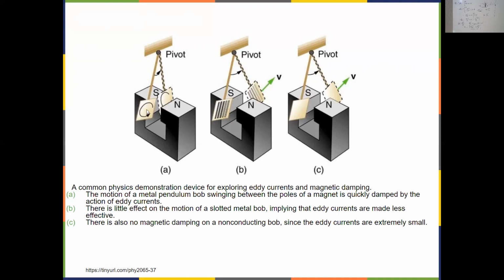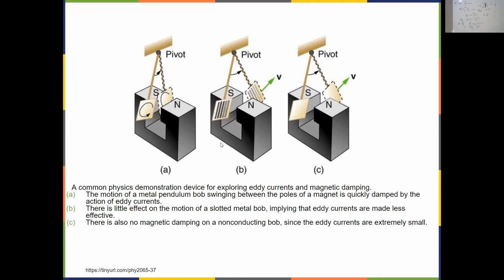However, if you do not have an intact piece of metal here, if you cut small openings there, then you will not be able to form a closed loop for the eddy current, a larger loop there. Instead, you will have small eddy current loops inside these small pieces, and they will cancel out.